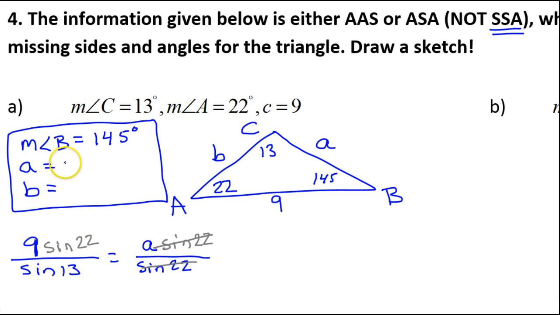So I just got 14.988 for side A. Okay, now I'm going to do the exact same thing to find side B. So again, I'm going to do 9 over sine 13.